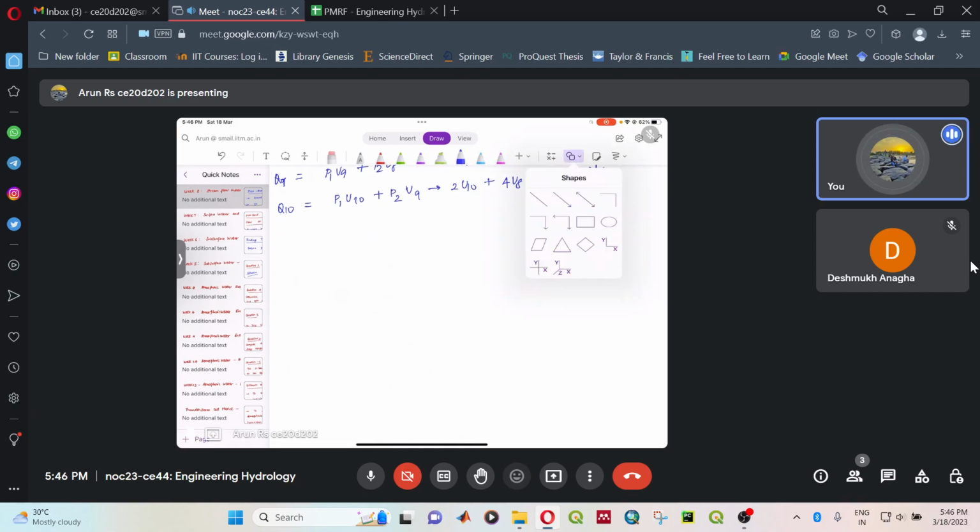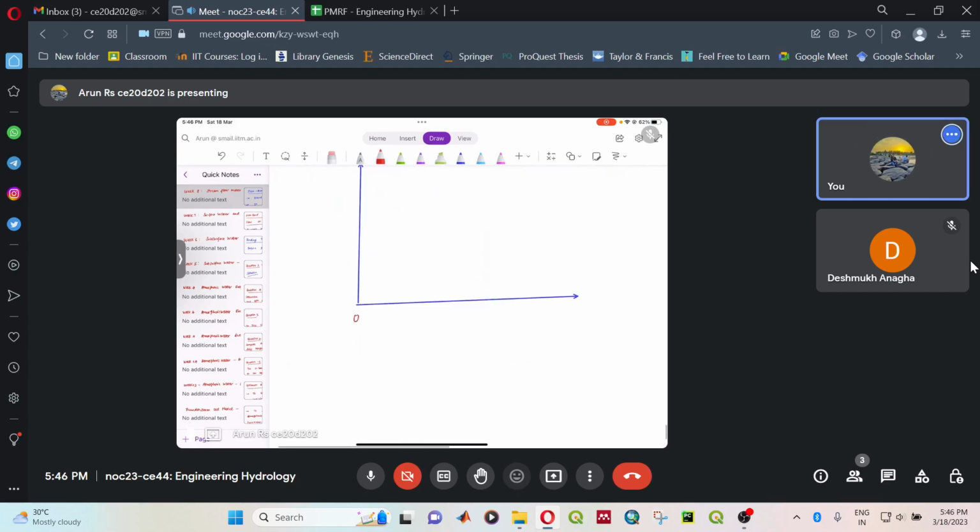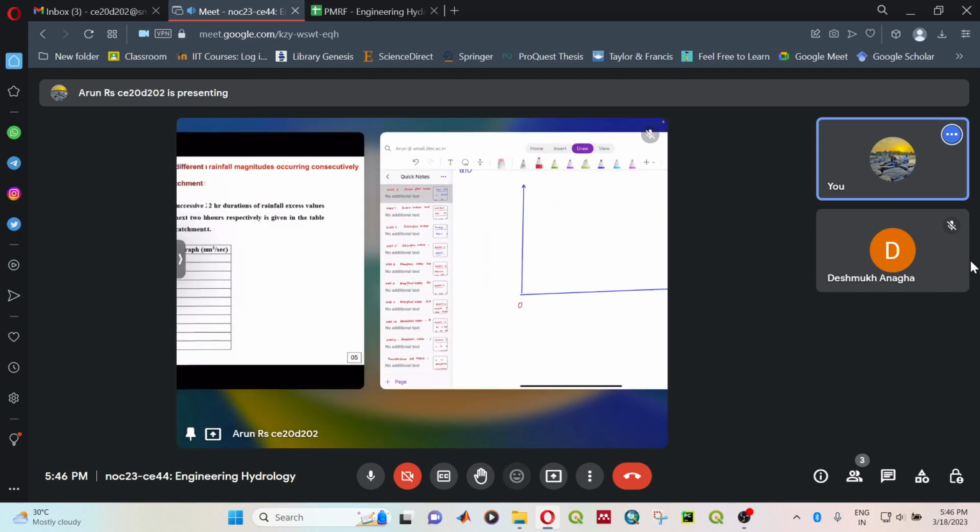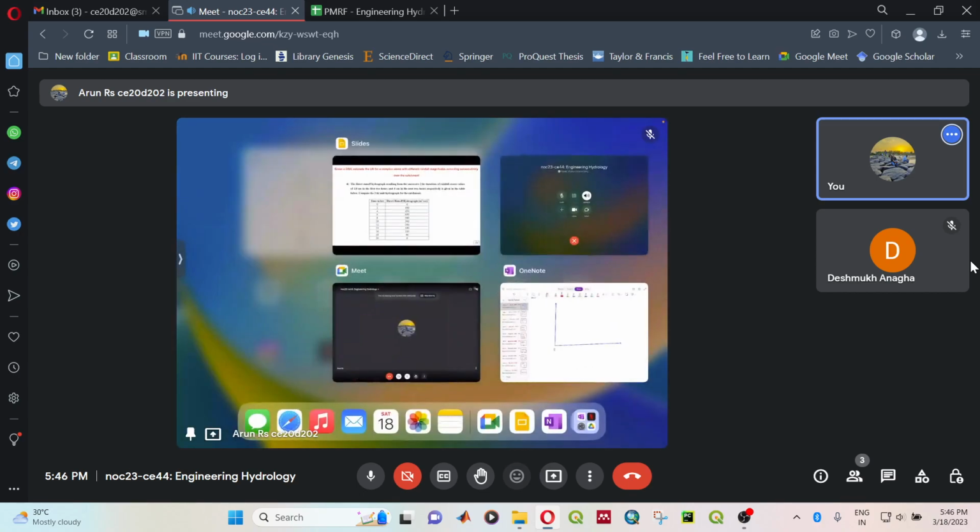So after this, if we plot the variation of the DRH, so this is 0 and it goes on until 20 hours.